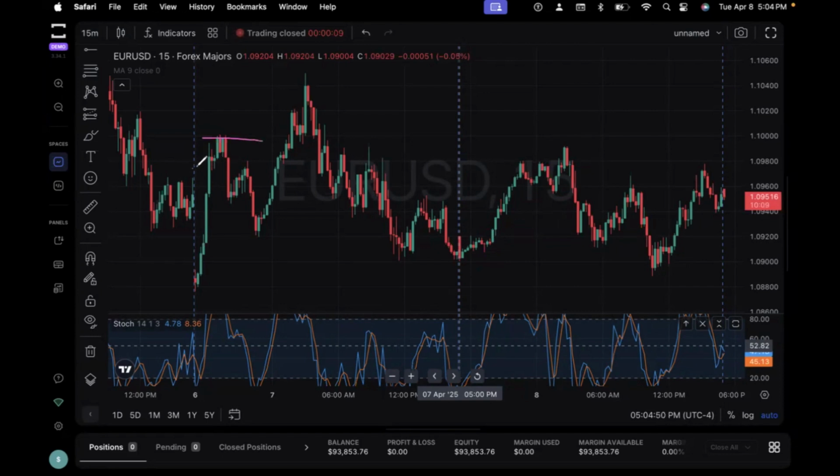Here's another sell example. And I'm actually looking at this on the 15-minute time frame. So this may not seem like a long time, but this is actually about an hour and 45 minutes worth of price action.